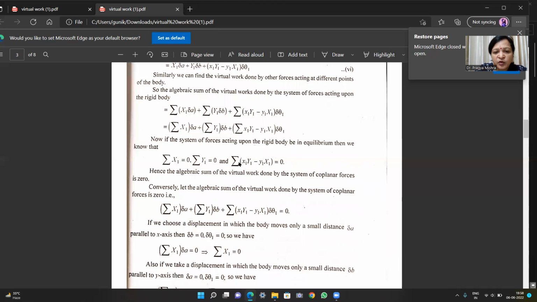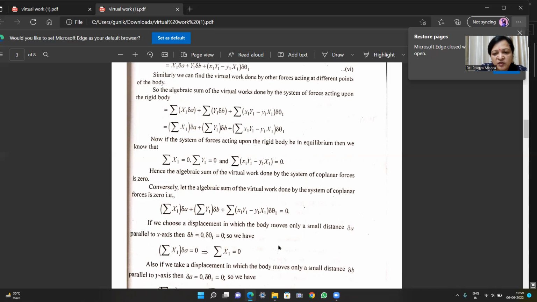Hence, putting these values here, we can see that the algebraic sum of the virtual work done by the system of coplanar forces is 0. Conversely, if the algebraic sum of virtual work done by the system of coplanar forces is 0, then we have this equal to 0.